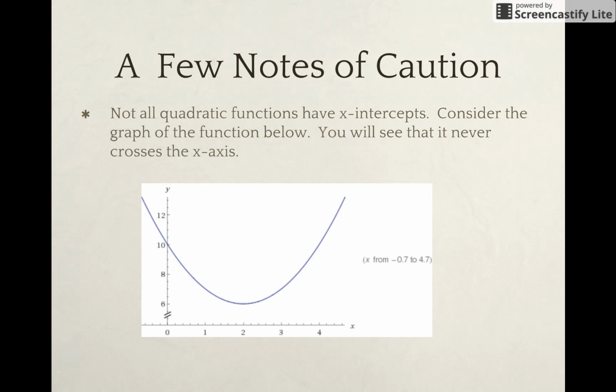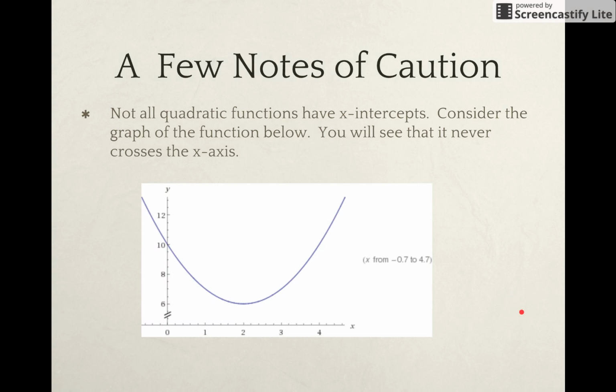A few notes of caution when using graphs or tables to calculate the intercepts. In particular, with the x-intercept, we should be aware that some quadratic functions do not have x-intercepts. For example, the graph below will never cross the x-axis.